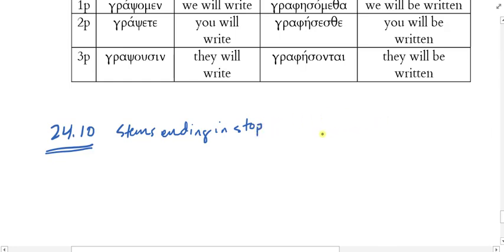That's right. Good. So the labials, the velars, and the dentals, okay? So whenever we have those consonants, we're going to have some problems here because putting a theta after these is going to create some issues.